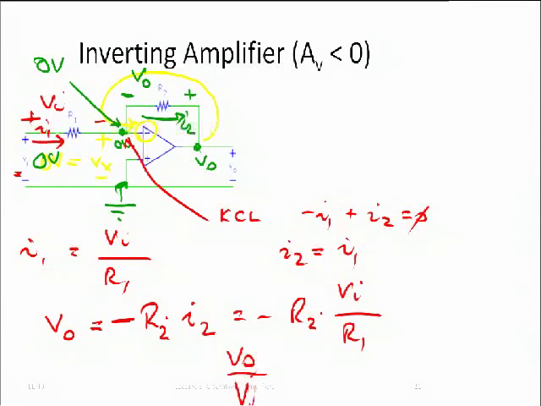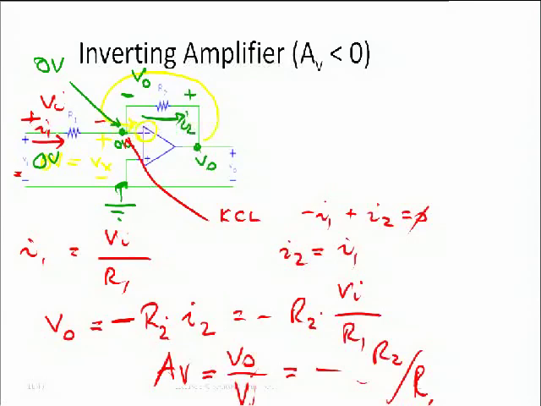Is this the open loop or the closed loop gain? That's the closed loop gain, therefore a capital AV is equal to minus R2 over R1. So very, very simple calculation. Just knowing that Vx is 0, we can solve such a circuit very easily.